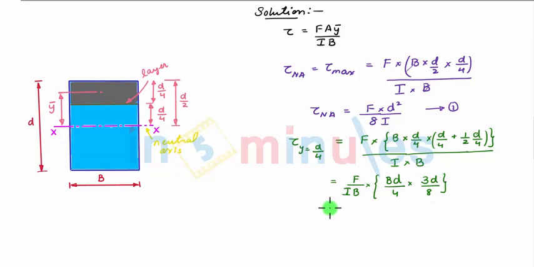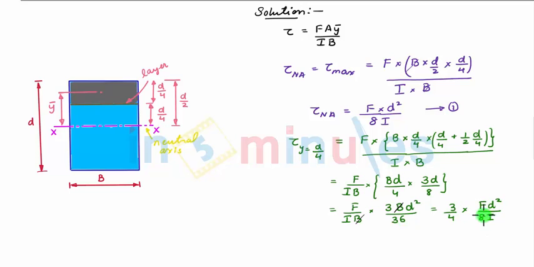Upon further simplification we have F upon I b multiplied by 3 b d square upon 36. Now the b and b get cancelled, so this becomes 3 by 4 into F d square upon 8I, where 8 multiplied by 4 is 32 and 3 is over here.